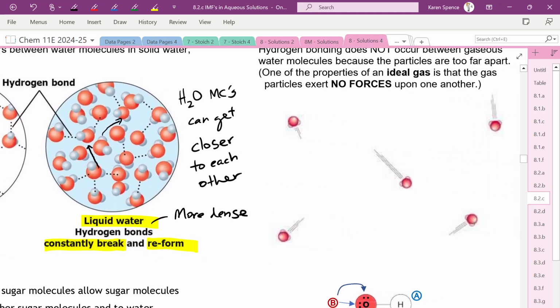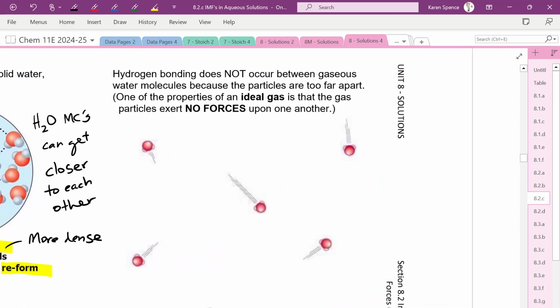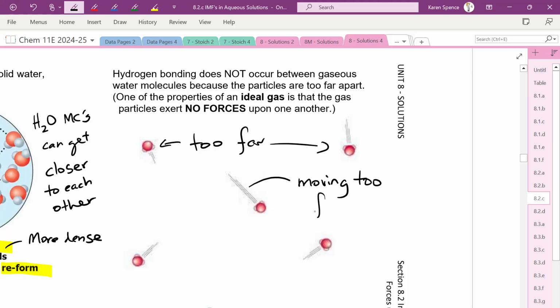Then when we get into gaseous water, the particles are, number one, too far away from each other. Big distance. And they're moving too fast for those intermolecular forces to be important. Yes?